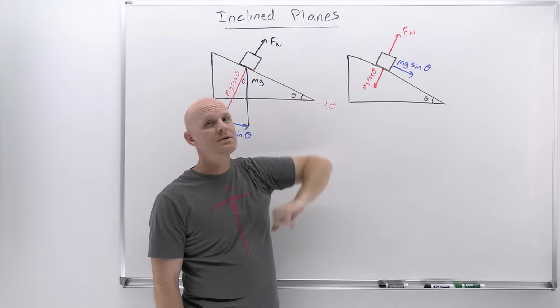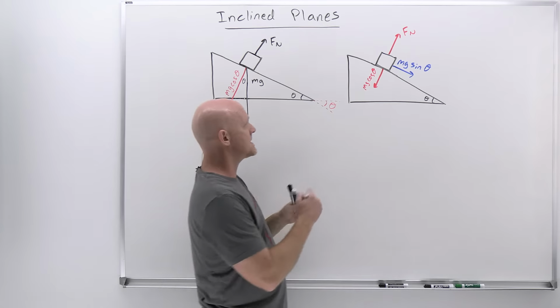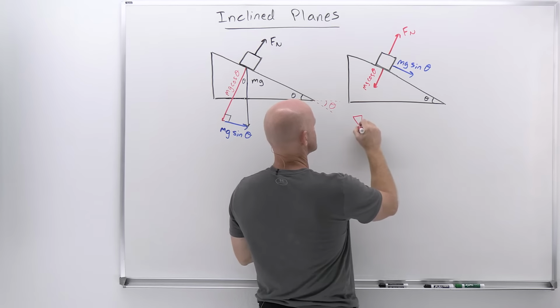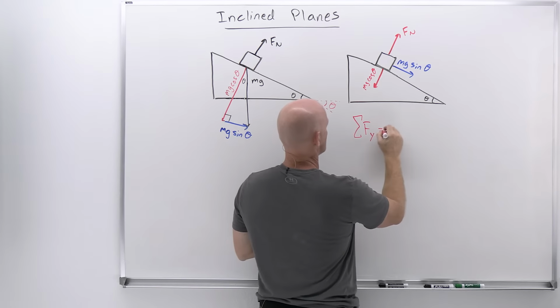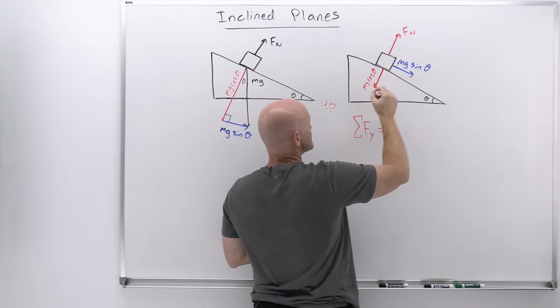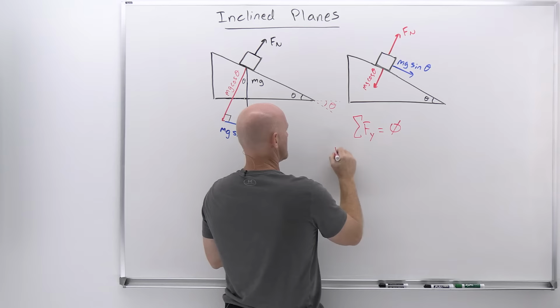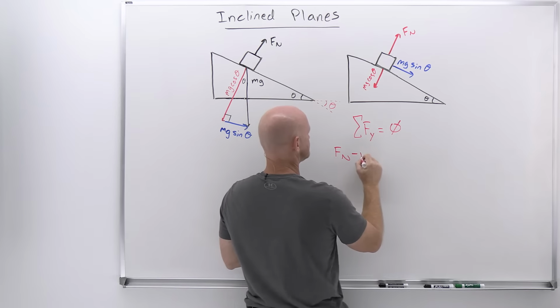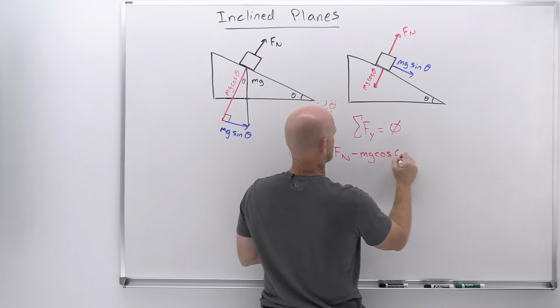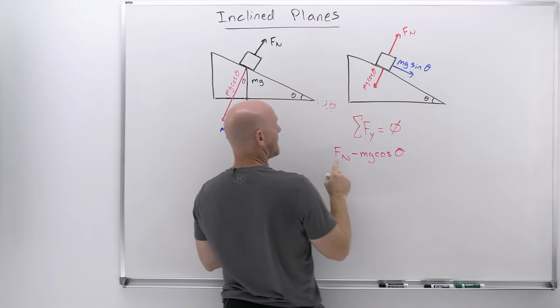And now the problem is much easier, and we can do the same thing we've done in the past. So we can do the sum of the forces in the y direction. And in this case, there's no acceleration or even motion in this new y direction, so it's going to add up to 0. And we've got a normal force pointing up, so I'll make that the positive direction.